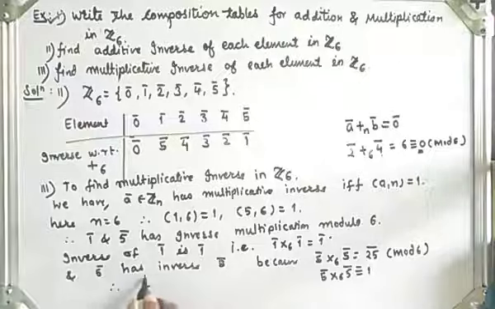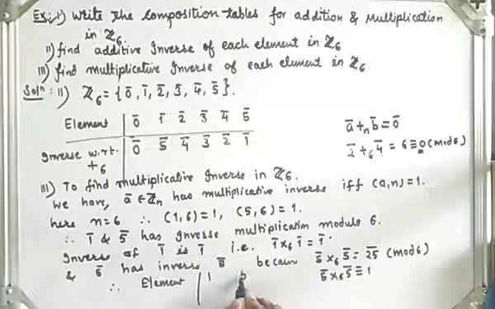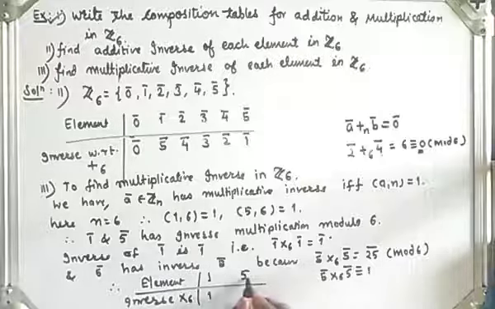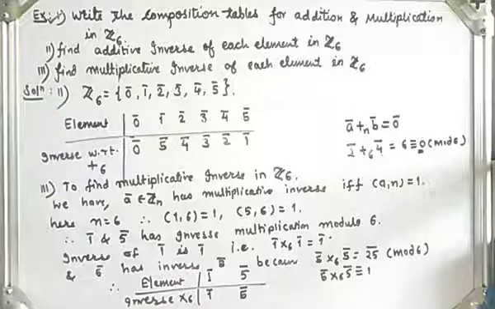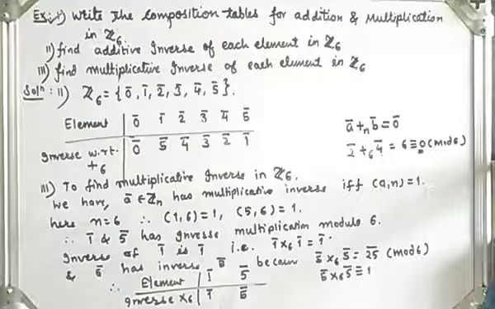Therefore we have elements 1 and 5, whose inverse in modulo 6 will be: 1 has inverse 1 and 5 has inverse 5. So this is 1 bar and this is 5 bar. This is the multiplicative inverse of each element in Z6. So there are only two elements which have an inverse, which are 1 and 5, right?